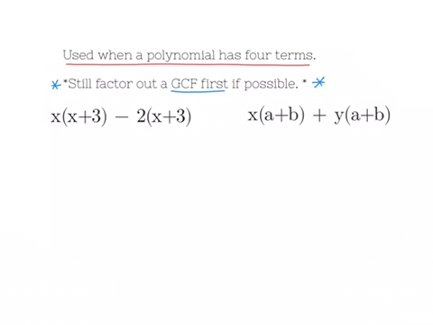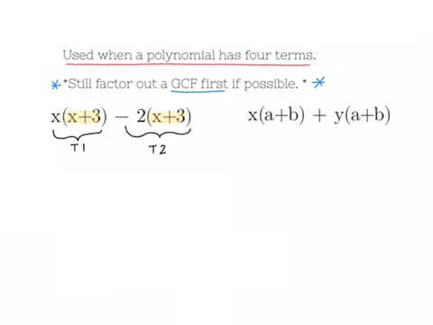So I want to take a look at these first 2 examples, which are already partially factored for us. What I want you to notice is inside the parentheses is exactly the same. So we really only have 2 factors here right now, or 2 terms. This is term 1, and this is term 2.